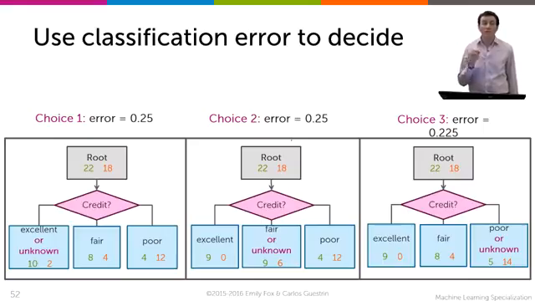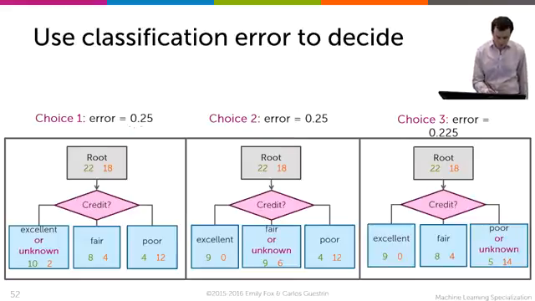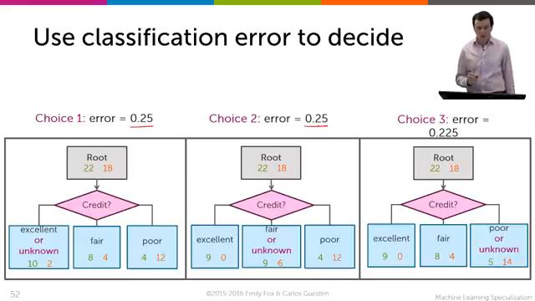Now, we do the same for every single option, every single branch. So we tried putting the unknown data with the excellent branch and got error 0.25. If we tried to put it with the fair branch, we'd get 0.25 error as well. But if we try to put it with the last branch here, the poor branch, we'll get an error of 0.225.